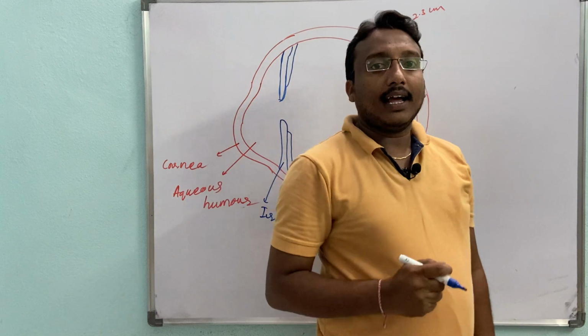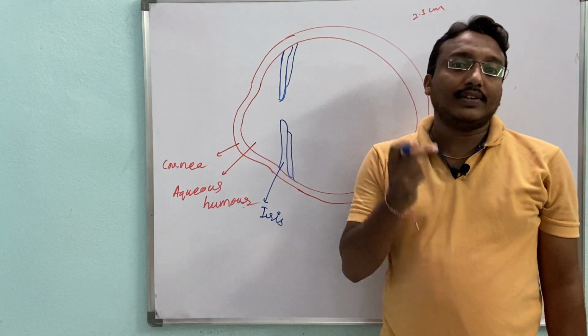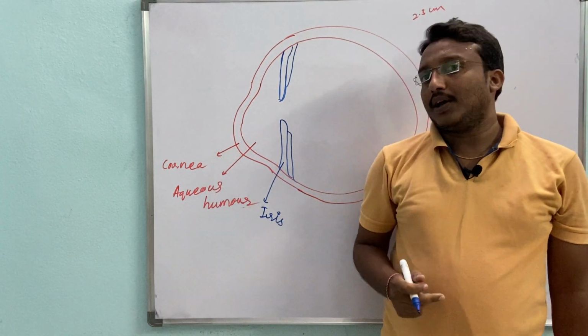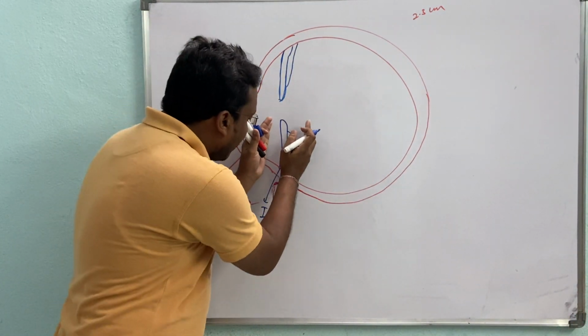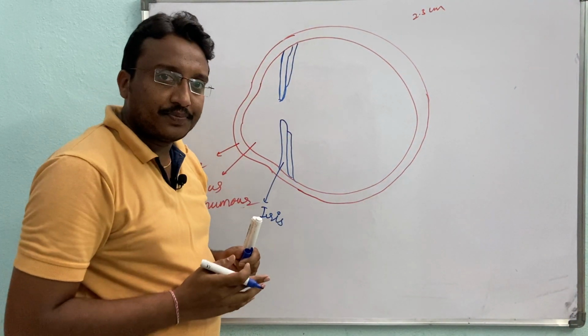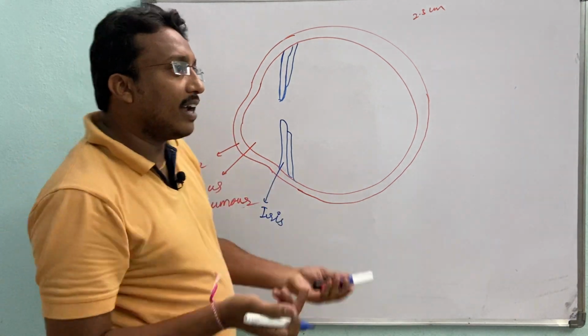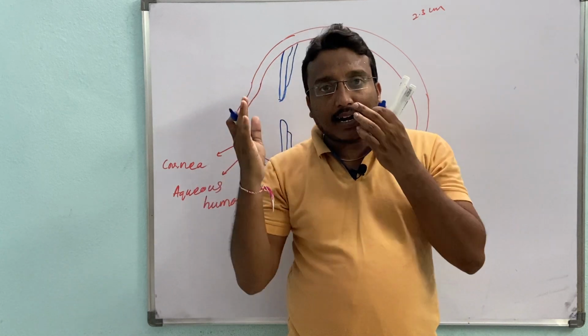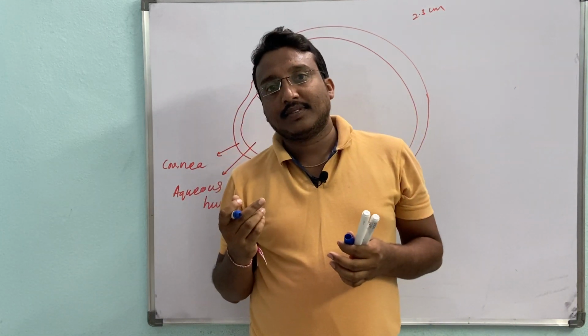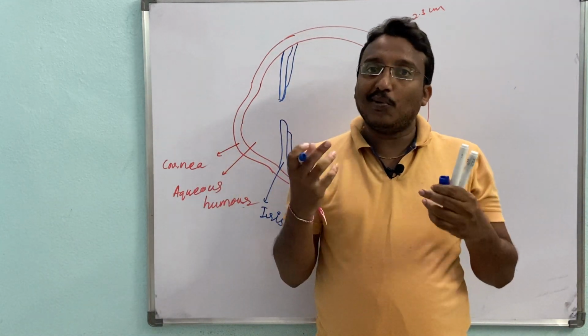The iris is the colored portion that appears in our eye. It is the only colored part in our eye, and you may observe that many people have differently colored irises, brownish or blue.